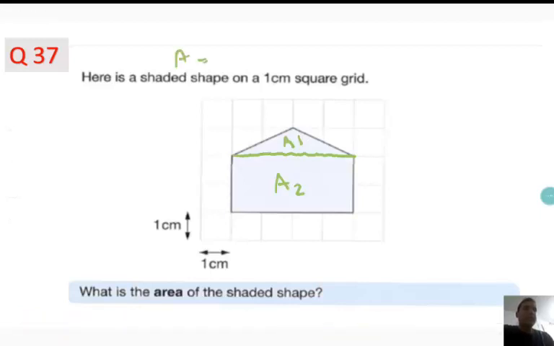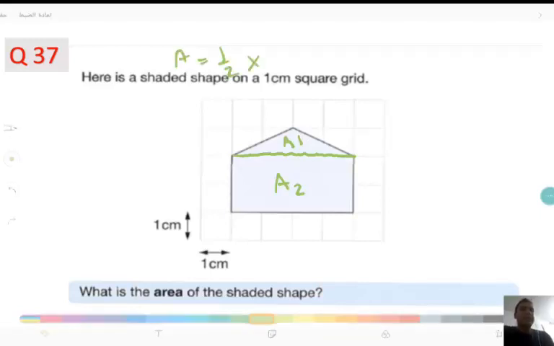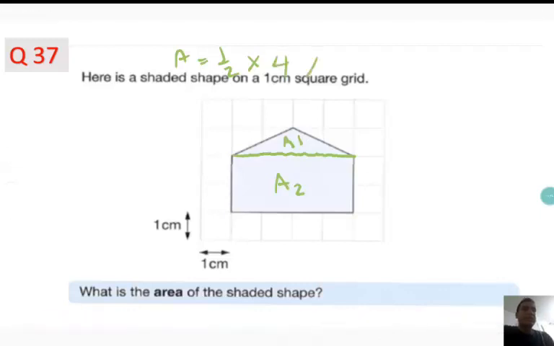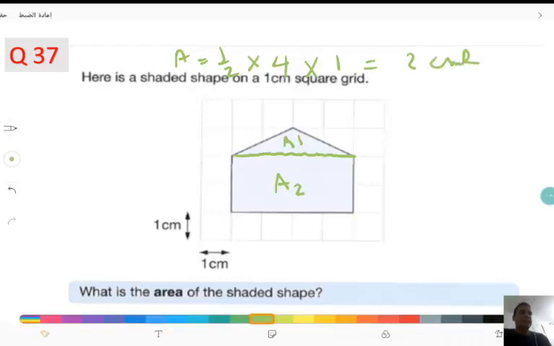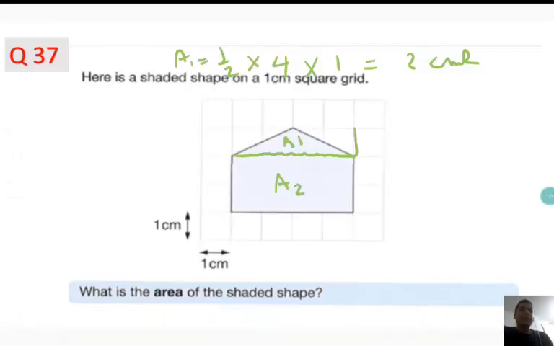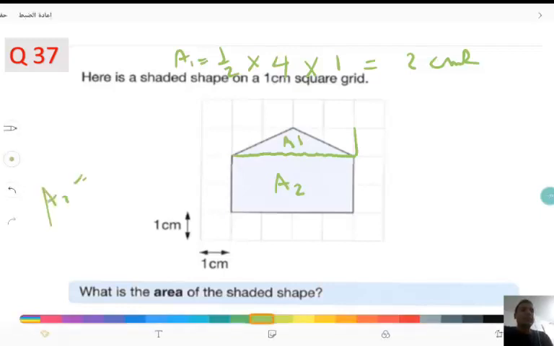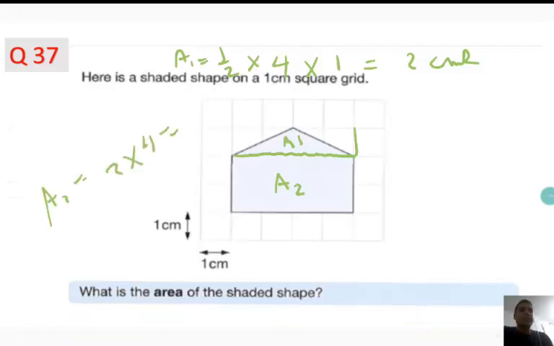A1 equals half times base, which is 4 centimeters, times the height, which is 1 centimeter, which is 2 centimeters squared. For the rectangle, A2 equals 2 times 4, which is 8 centimeters squared. So A total equals 8 plus 2, which is 10 centimeters squared.